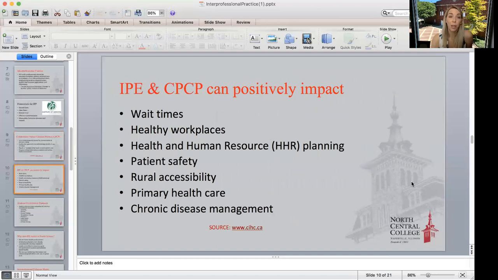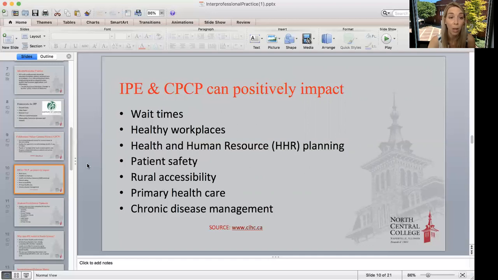So interprofessional education and collaborative patient-centered care can positively impact many different things. This is a list. I'm going to talk about some patient outcomes and how that can help.